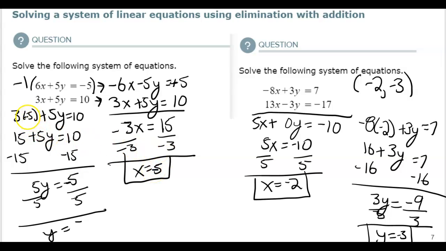So I'm plugging in a -5, which makes this a +15. Makes this 25 divided by 5 is 5. So for this I have the answer of 5, of -5 comma +5.